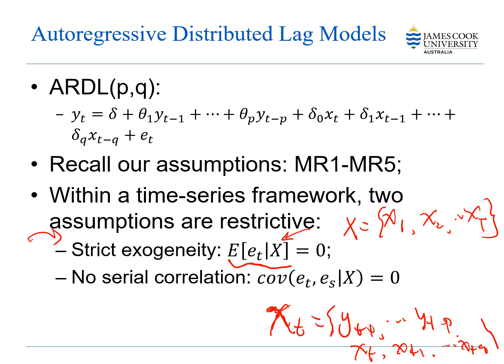The error term of this period might depend on the previous periods' y, for example. The second assumption that is likely to fail is no serial correlation, or no autocorrelation: the covariance of e_t and e_s conditional on X, the whole right-hand side variables, is equal to 0 when t is not the same as s.